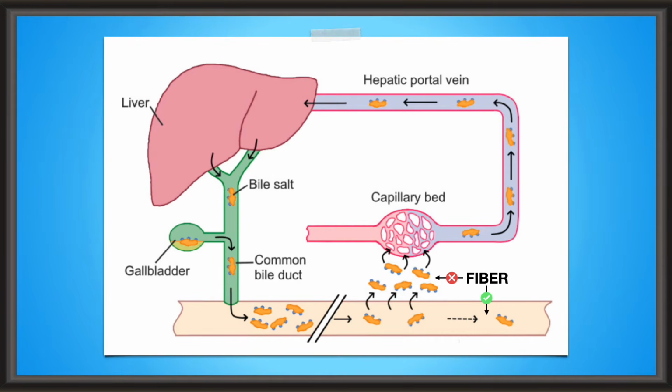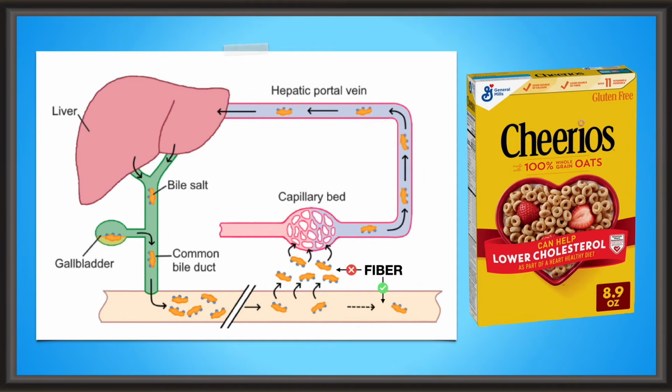When cholesterol binding occurs consistently, the liver is forced to remove cholesterol from the blood to make more bile. Over time, that can lead to decreases in blood cholesterol, which is important because high blood cholesterol plays a significant role in the development of heart disease. So, when a product like Cheerios claims it can help lower cholesterol, it's because of this process.